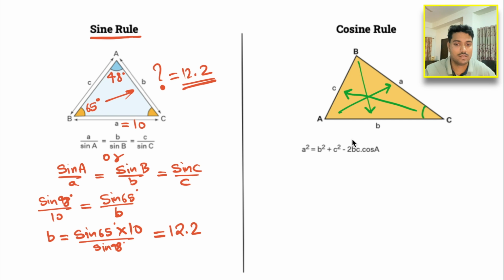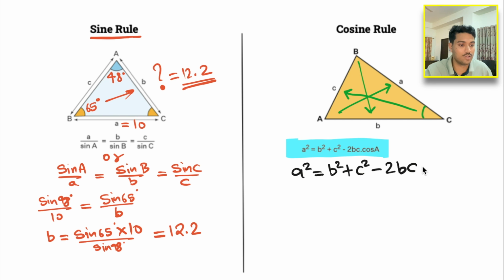So here the formula is a squared is equal to b squared plus c squared minus 2bc cos A. So it is a squared is equal to b squared plus c squared minus 2 multiplied by b multiplied by c multiplied by cos capital A.